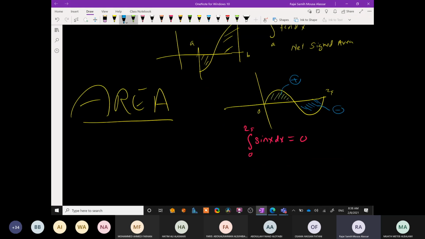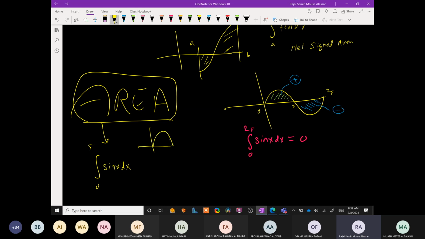The minute that you hear this word area, it means the following. You have to do this from 0 to pi of sine x, which is regular, because what you're doing with this is calculating this part. Now you want to calculate this part here, so you have to multiply by a minus sign.